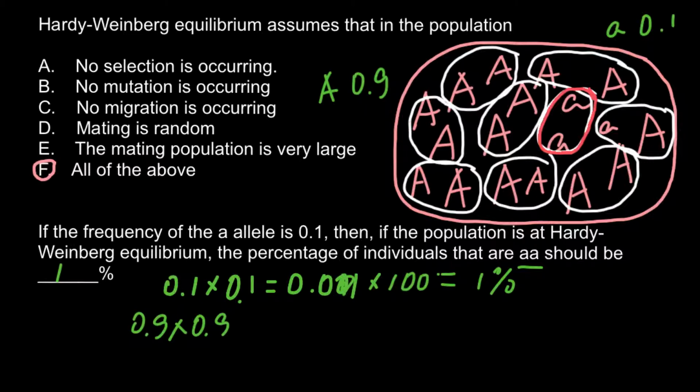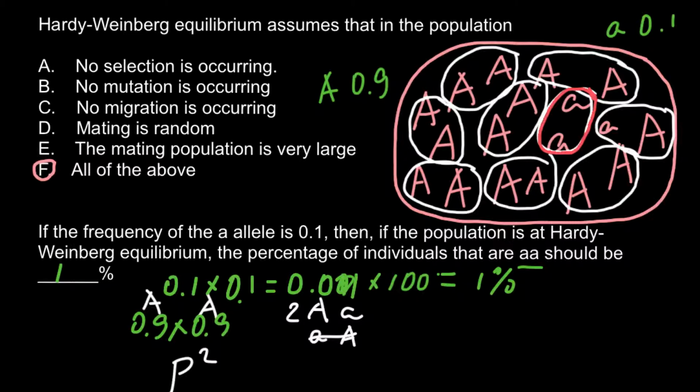This is the probability of capital A capital A, the homozygous dominant variant, and in the Hardy-Weinberg formula p squared stands for this probability. As for the heterozygous variant, we have two variants: first capital A small a, second small a capital A. Or we can cross out one variant and put 2 here.